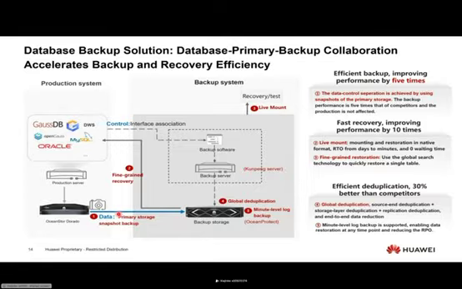Okay, it's a primary backup collaboration. With this kind of technology, we can leverage the primary storage snapshot to accelerate backup efficiency. Because with this advanced technology, you will have almost zero performance impact on your production host, because all the computing is offloaded to the primary storage.